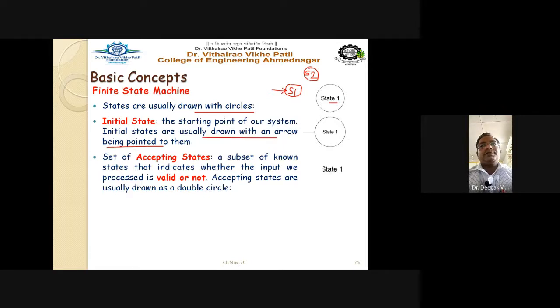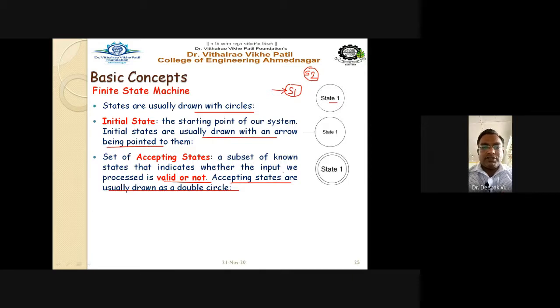Then the set of accepting states: a subset of states that indicates whether the input we processed is valid or not. Accepting states are usually drawn as a double circle, meaning the final state.